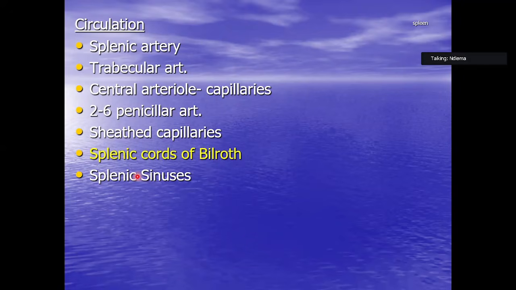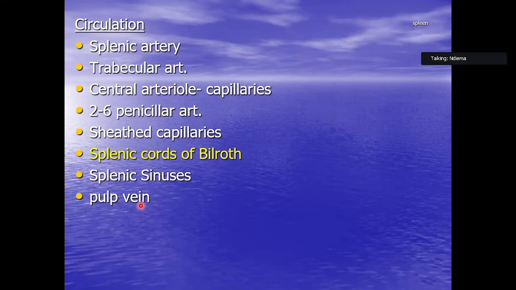So the red blood cells which are deformed will have been destroyed within the splenic cords of Billroth. The normal red blood cells, which have not been deformed, can squeeze back into the splenic sinuses and continue into circulation.